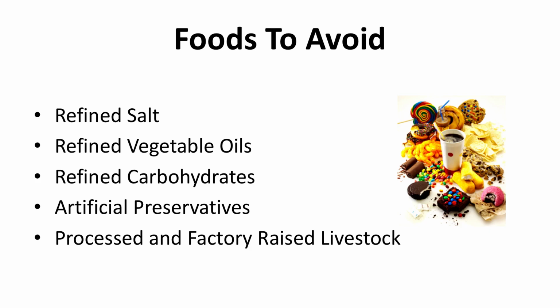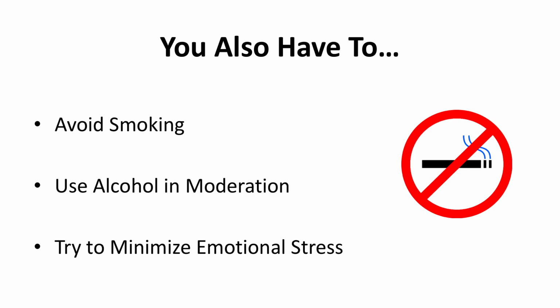Avoid refined carbohydrates, especially white flours and products. Avoid artificial preservatives, flavorings, and colorings. Avoid processed and factory-raised livestock. Avoid smoking or other people's secondhand smoke. Avoid or use alcohol in moderation. Try and minimize emotional stress as much as possible.